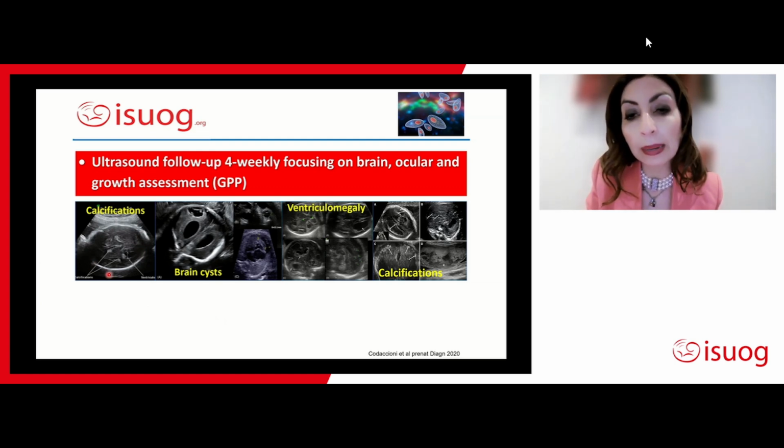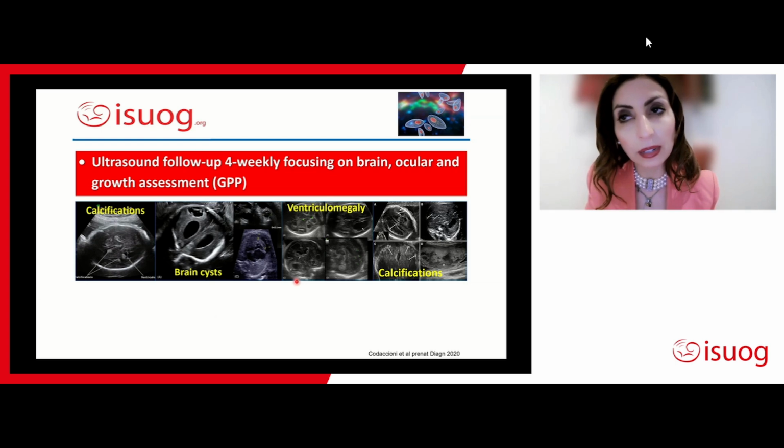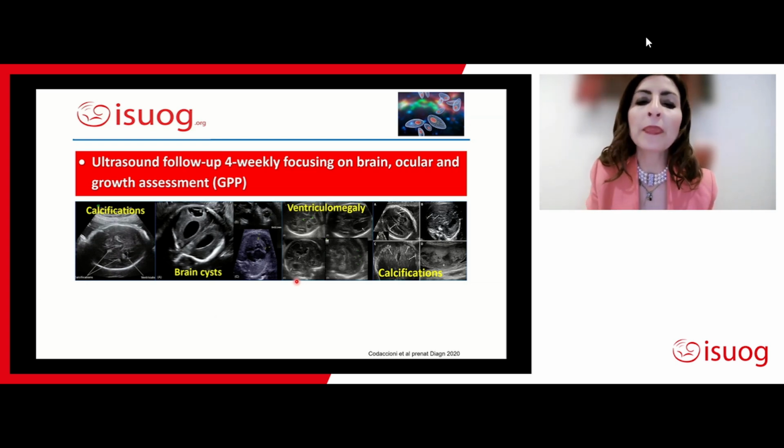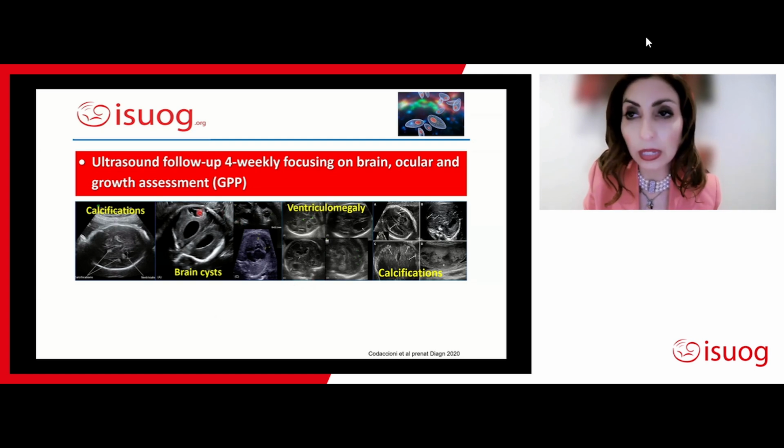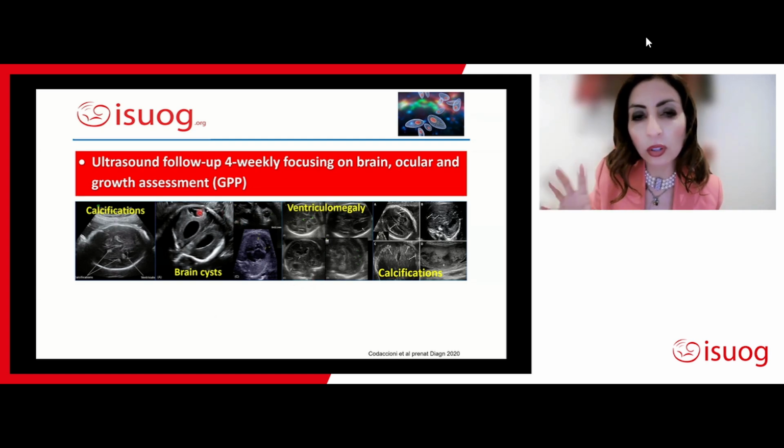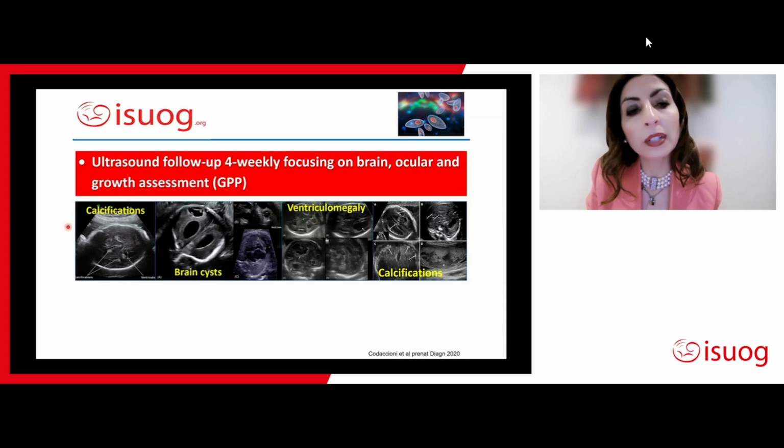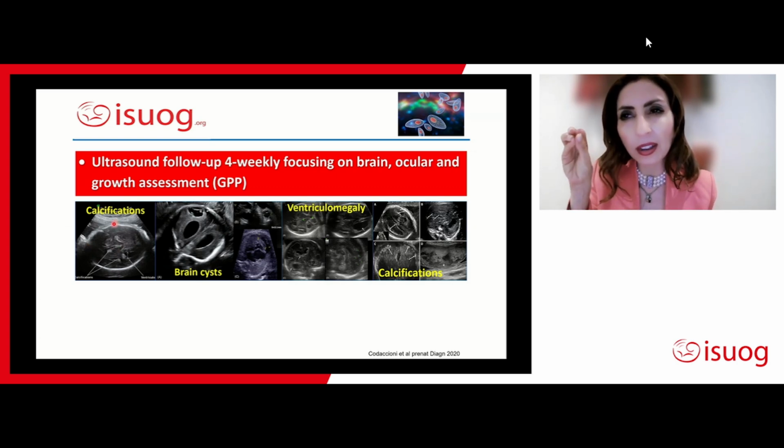You can sometimes have ventriculomegaly, like the case that I showed you earlier, but sometimes you have thick ventricular walls, or maybe cystic lesions or brain cysts, or calcifications. And the calcification can be in different locations in the brain. Characteristically, this calcification tends to be quite thick, almost like areas or blots of calcification, compared to the CMV, which tends to be finer calcifications.